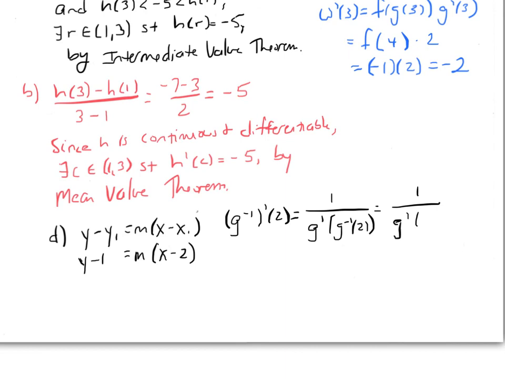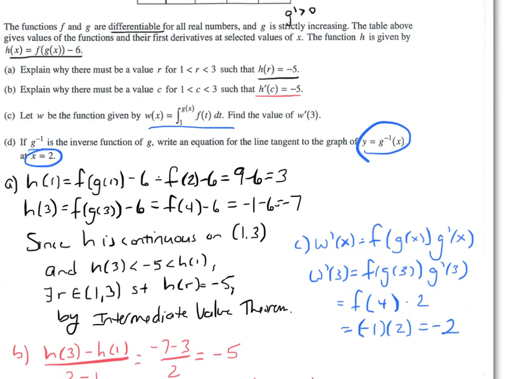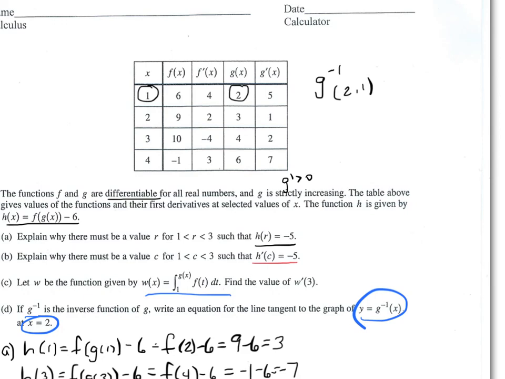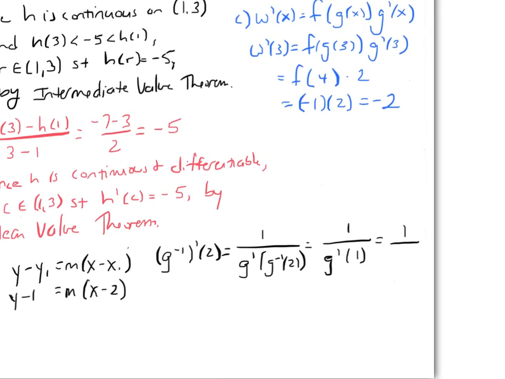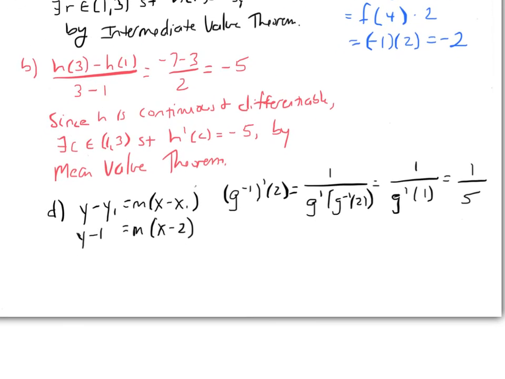We know that g inverse at 2 is 1. And g prime of 1, back up again, here's g prime of 1 is equal to 5. So the slope is 1/5. So we come here, and our tangent line is y minus 1 equals 1/5 times x minus 2.